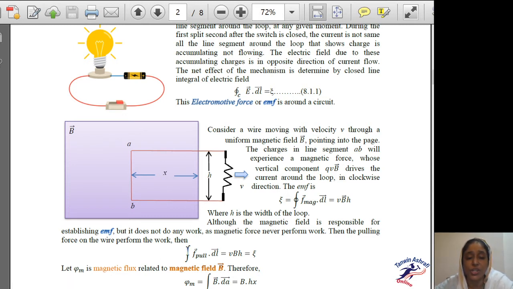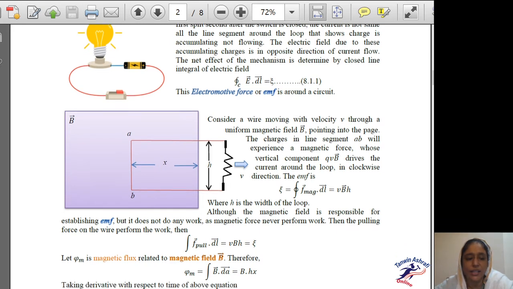The integration for the path of the pulling force is equal to v B h, which is equal to the electromotive force, EMF. Now let's suppose phi m is the magnetic flux due to the magnetic field B. Therefore, phi m is equal to the integration of B dot dA. Now this dA is the area, so we can write h times x.